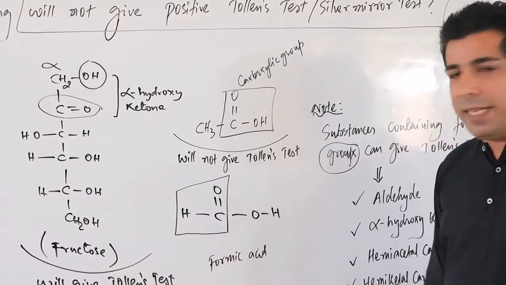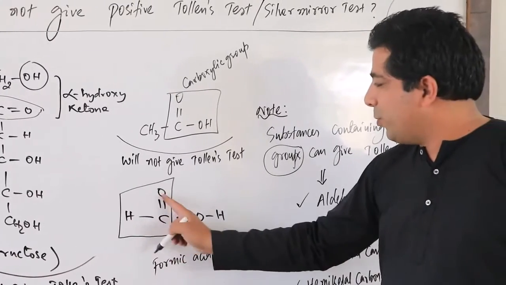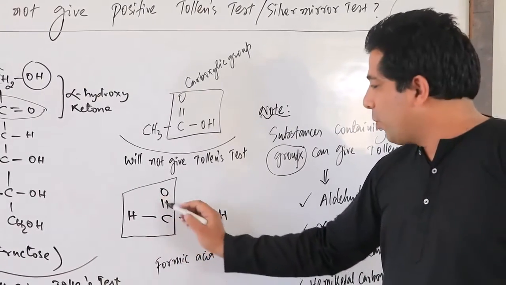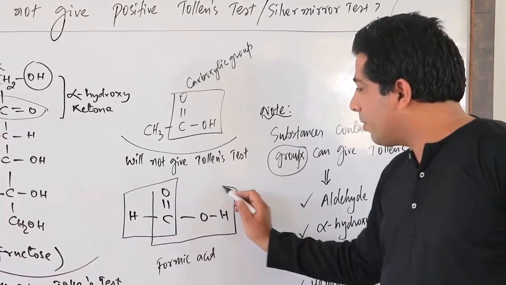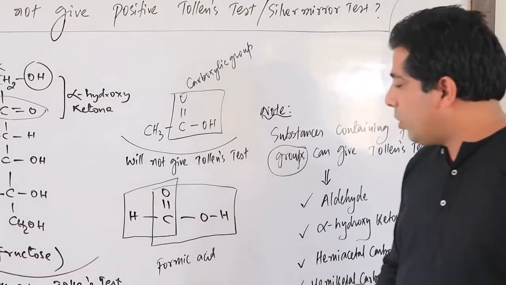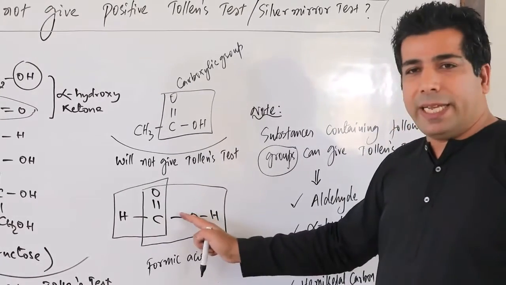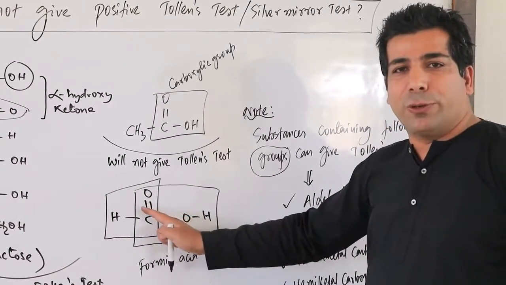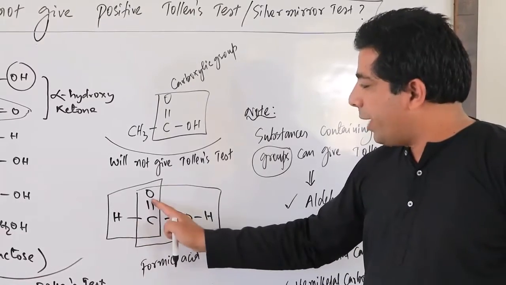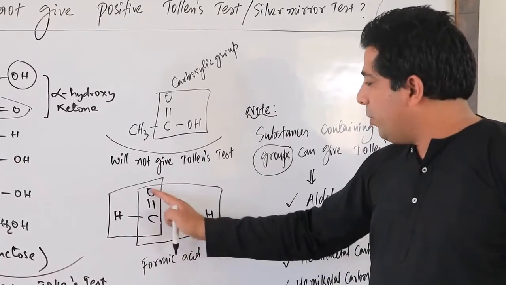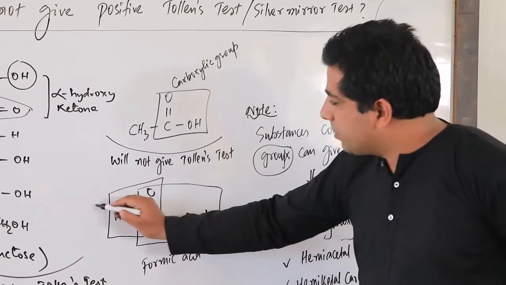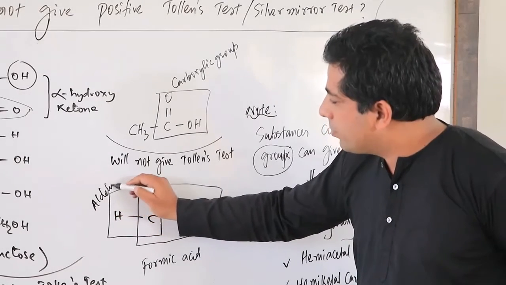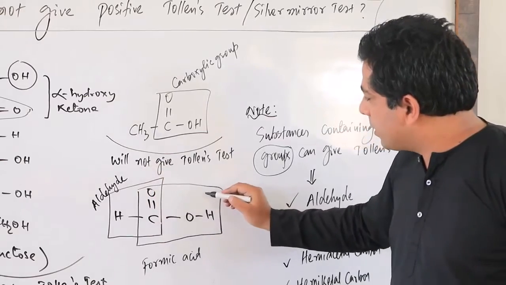This part becomes aldehyde, CHO, aldehyde. If you look on this side of formic acid, this becomes carboxylic group. So formic acid is basically having both the groups, CHO aldehyde and COOH as carboxylic group. So it has both aldehyde group as well as carboxylic group.